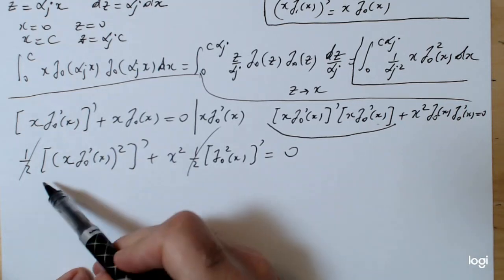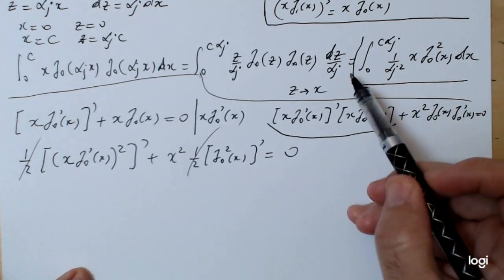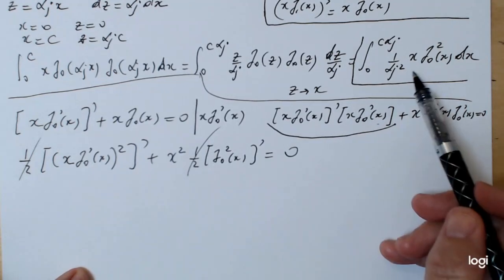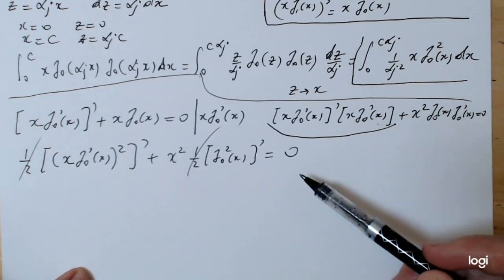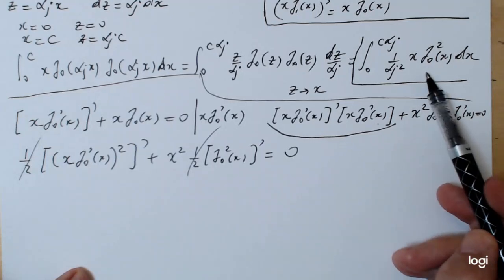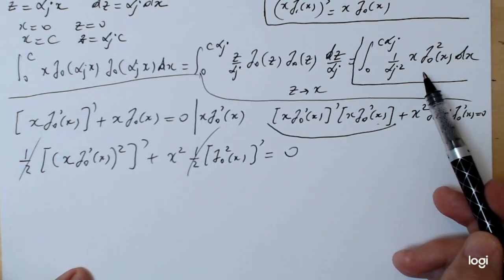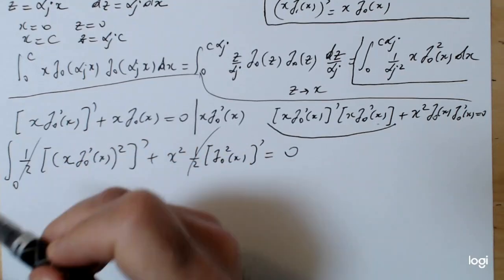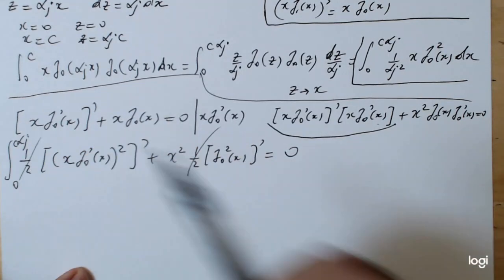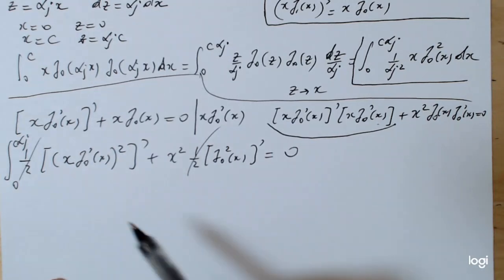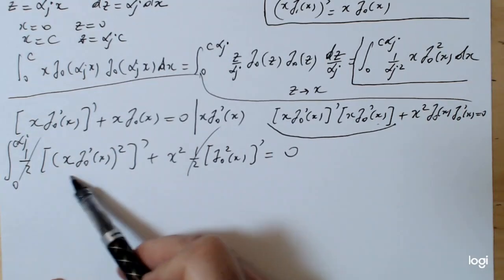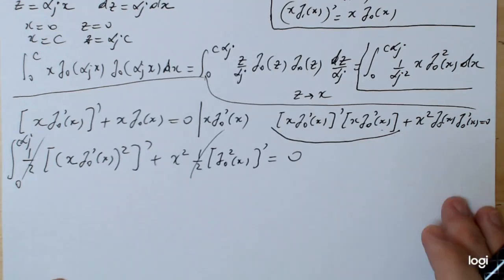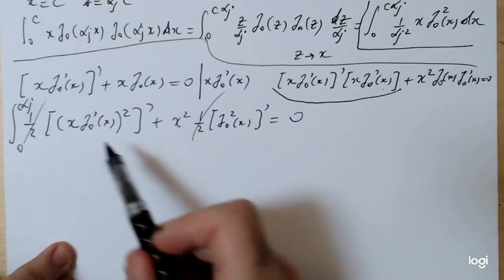Let's do now the integral from 0 to cαj all the way through. I'm going to obtain in the end this integral by doing these steps, essentially. That's the goal, to eventually end up with what I have here. So integrate both sides from 0 to cαj. And now pay attention here in the first part, it's the integral of a derivative. So here I can apply the fundamental theorem of calculus right away.